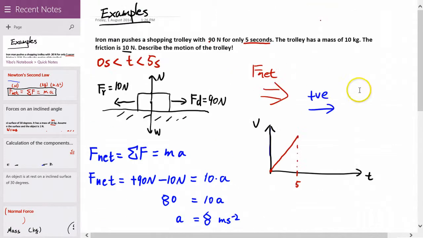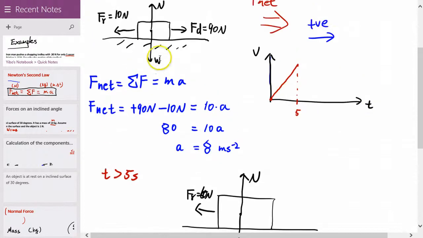Afterwards, since Ironman is not pushing the trolley anymore, there will be friction. It means the trolley will be slowing down.